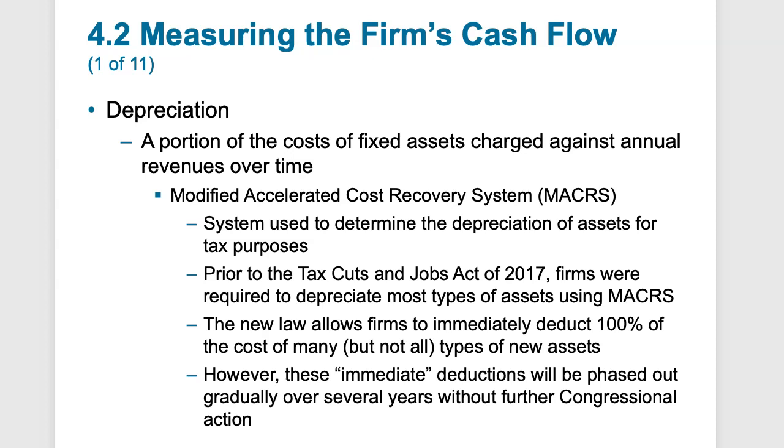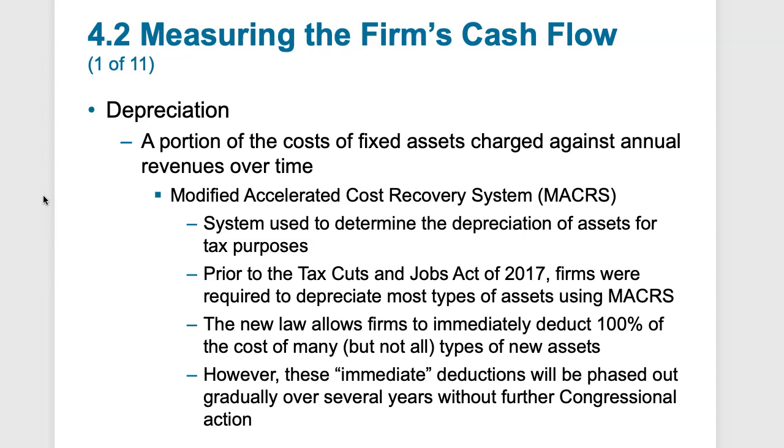Now, if we look at the depreciable value of an asset, you see the acronym here, MACRS, the Modified Accelerated Cost Recovery System. This is the system that most companies like to use.